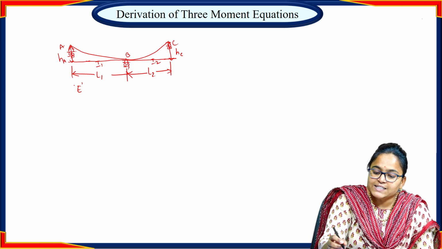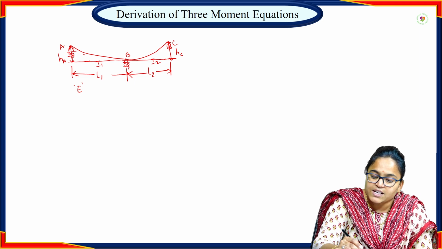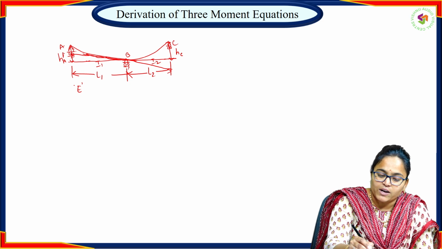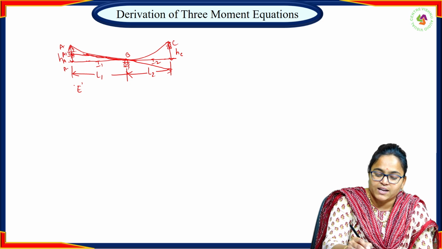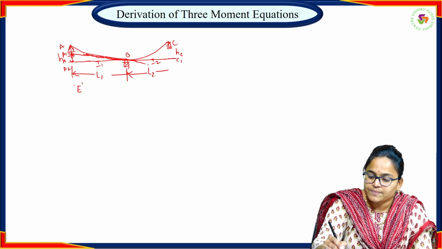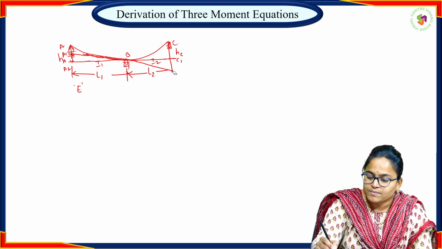Now let us draw an elastic curve of support B like this. Let us assume this point as A1 and this point as A2, this point as C1 and this point as C2.